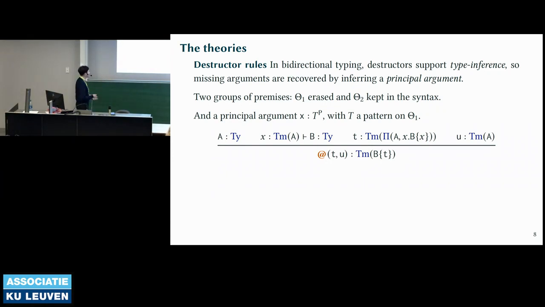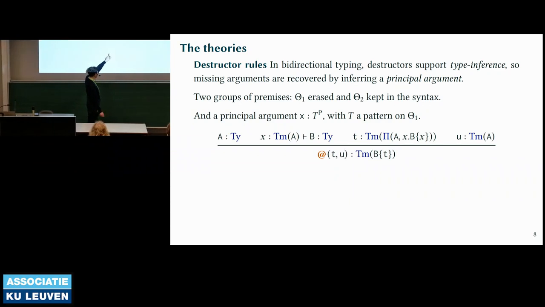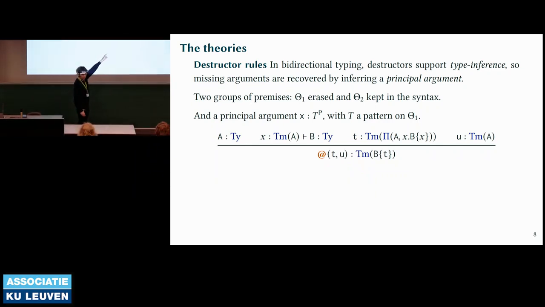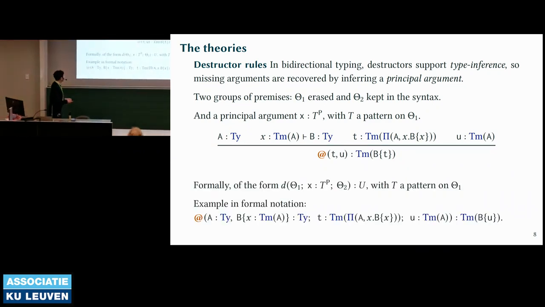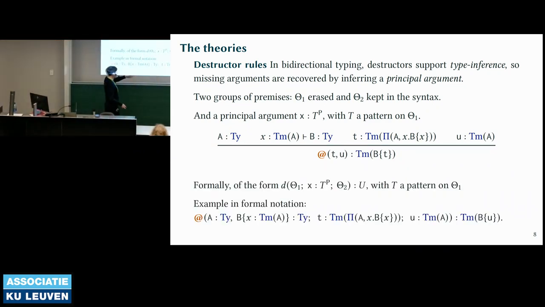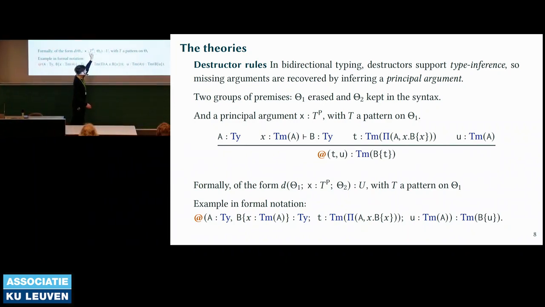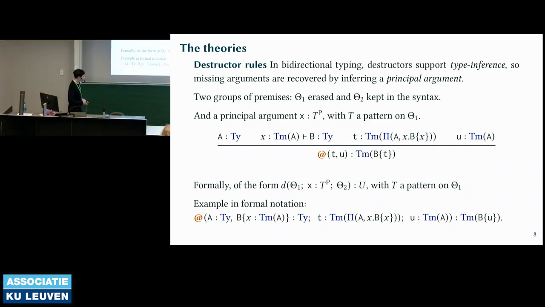The main example is the destructor rule for the function type, which is application. Here we see that the principal argument, which is always the first non-erased argument, has a sort which is a pattern allowing us to recover the A and the B. Formally, they are of this shape: a destructor, the missing arguments, the principal argument, the arguments that are not missing, and the output sort of the rule. This is the way we can parse this into the formal notation.